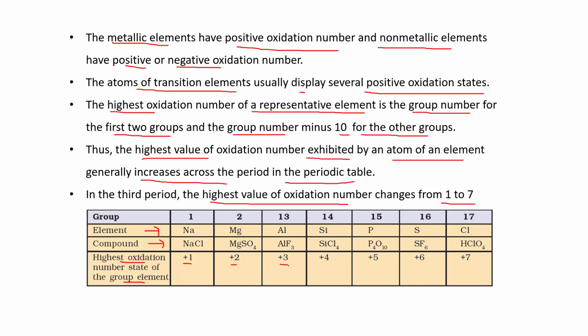Aluminium is +3 in AlF3. Silicon is +4 in SiCl4. Phosphorus is +5 in P4O10. Sulfur is +6 in SF6. And chlorine is +7 in HClO4. This increases from left to right.